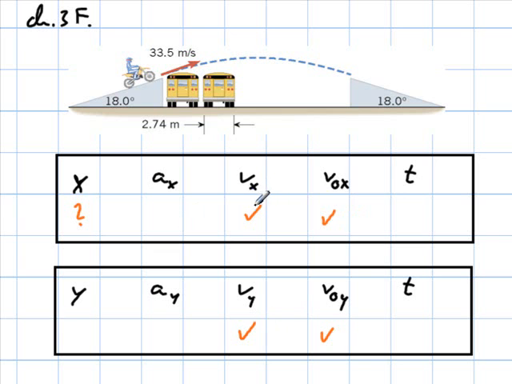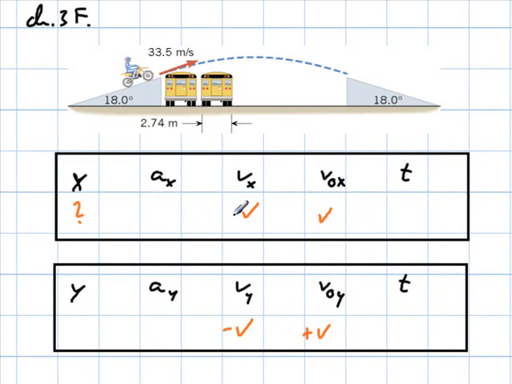This one is going to be the same as this one, except that this one is positive and this one is negative. These two are both positive to begin with because both of them are going to be right. This one is going to go up, and this one is going to go down when it lands. We can calculate those numbers.